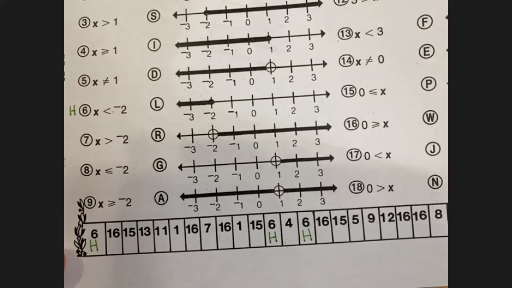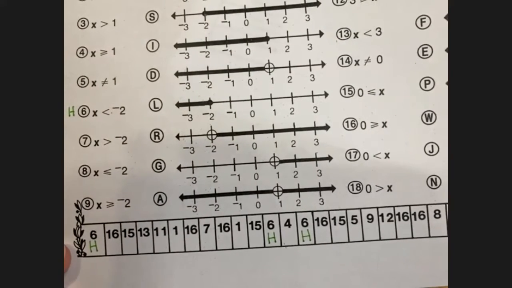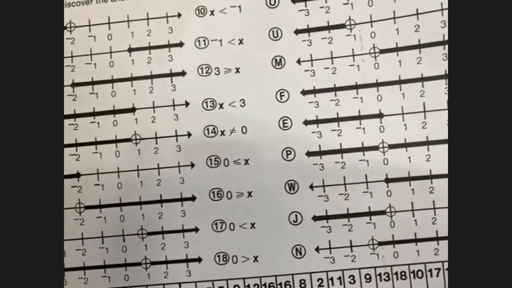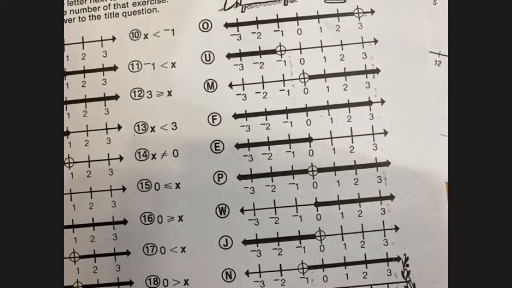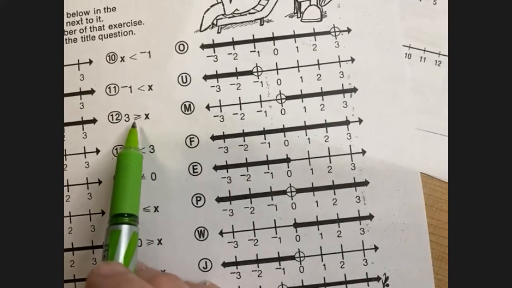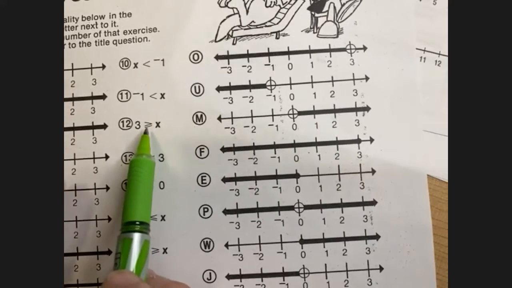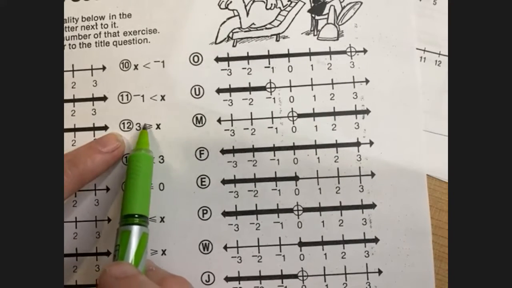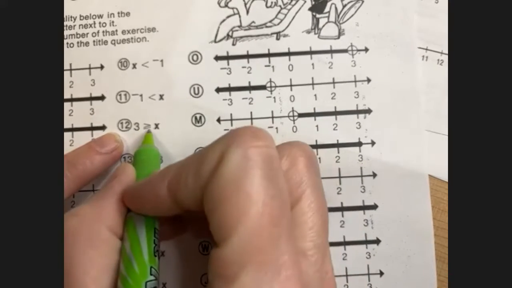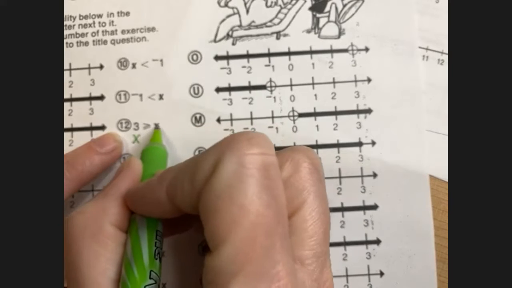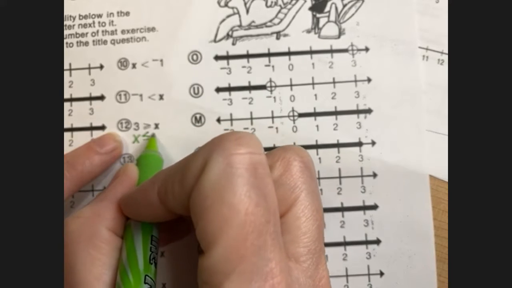You're going to continue to do that, continue to look for where the graph is being shown. Let's take a look at this one here. On number 12, it says that 3 is greater than or equal to x. The best idea is to switch this around to x is less than or equal to 3.